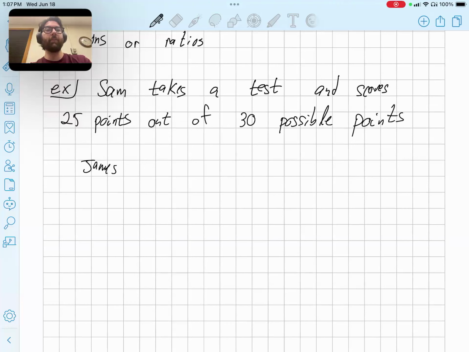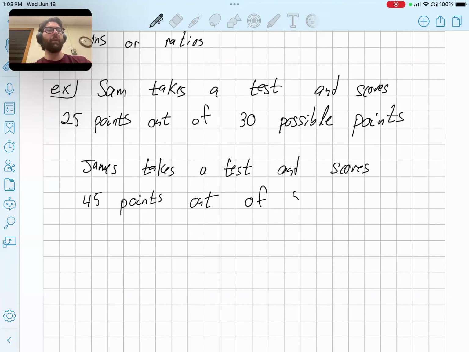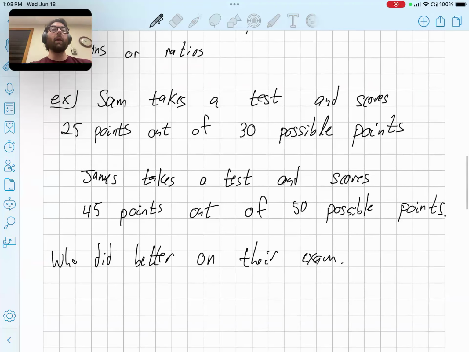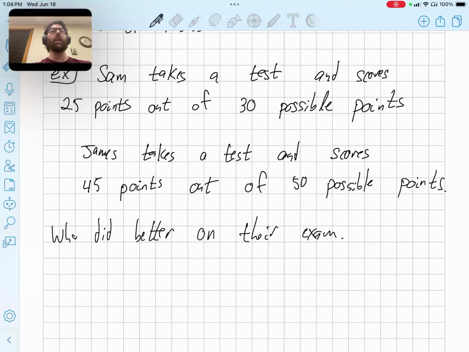James takes a test and scores 45 points out of 50 possible points. And so the question is, who did better on their exam? And this is not a question we're going to answer right now, but it is one that we're going to set up a little bit and see how we could go and find the answer.